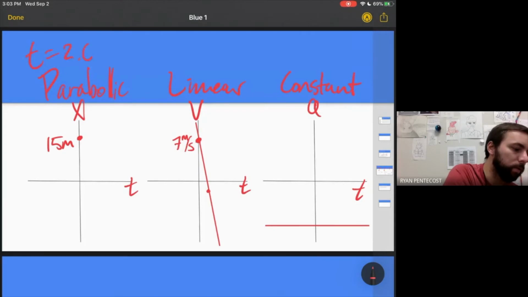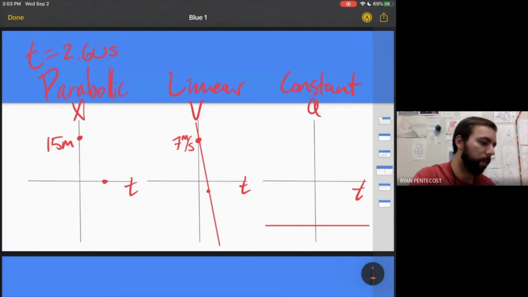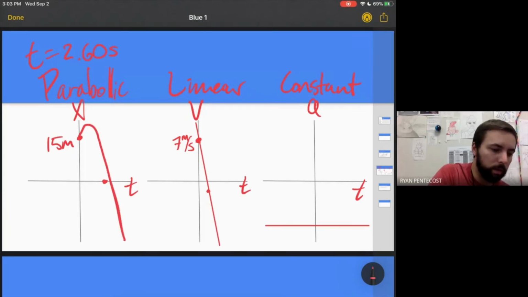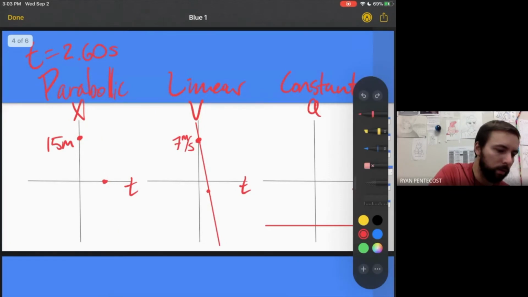T is 2.60 seconds. So if we go over, I know this is not to scale, but let's call that 2.60 seconds. So we need to go up and then down. Let's get rid of that dot.